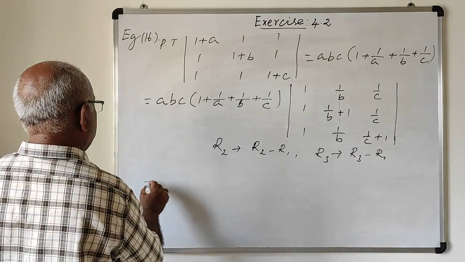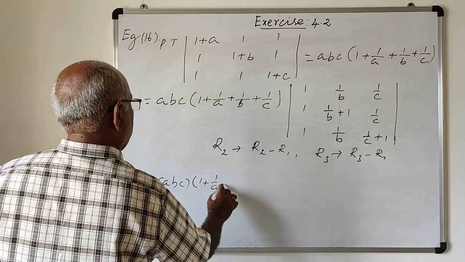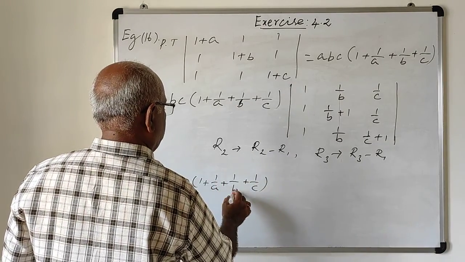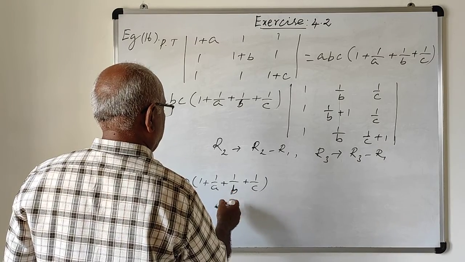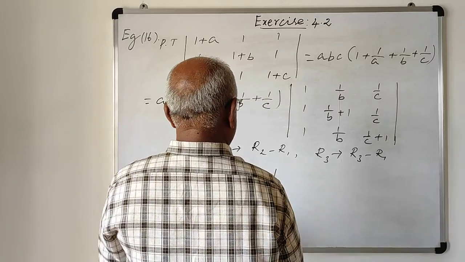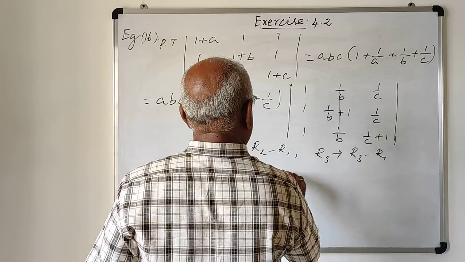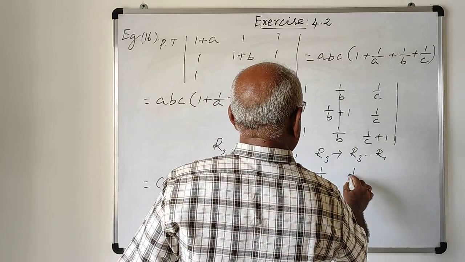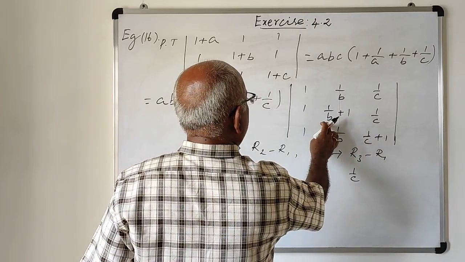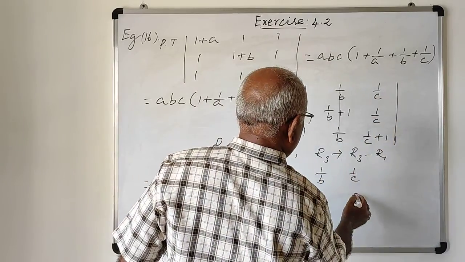So I get abc into 1 plus 1 by a plus 1 by b plus 1 by c. R1 stays 1, 1 by b, 1 by c as it is. R2 minus R1: 1 minus 1 is 0, 1 by b plus 1 minus 1 by b is 1, 1 by c minus 1 by c is 0.